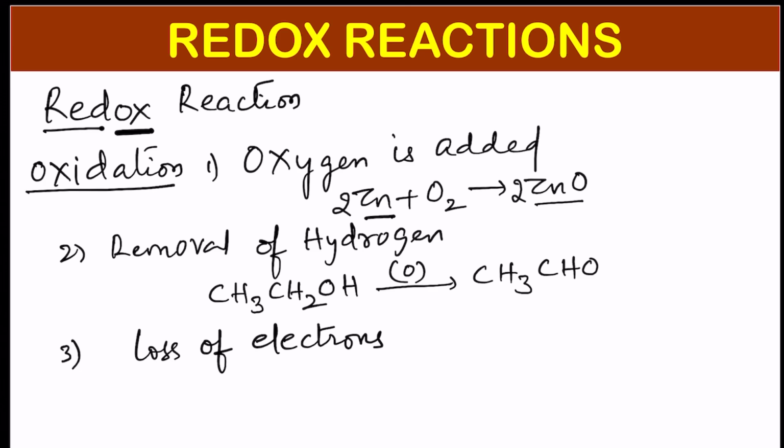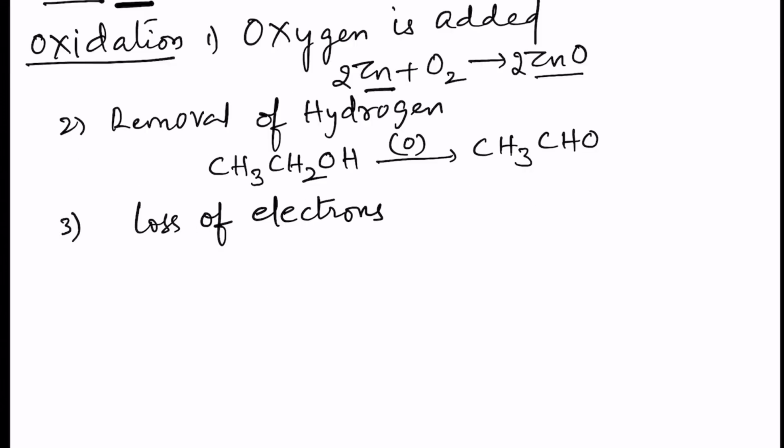We call this an oxidation process. A species which undergoes oxidation acts as a reducing agent. Let me take the same example of zinc. Zn gives Zn2+ plus 2 electrons. Zinc has lost 2 electrons. So the loss of electrons implies it's an oxidation process.